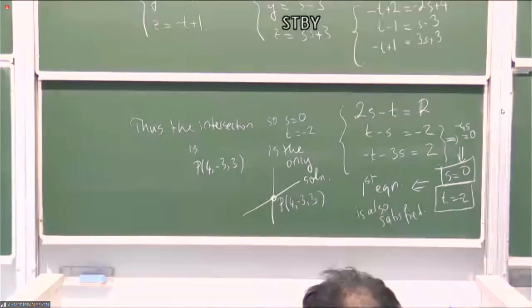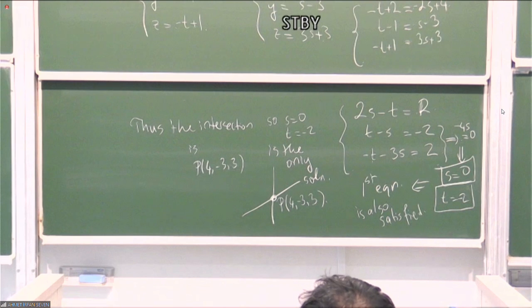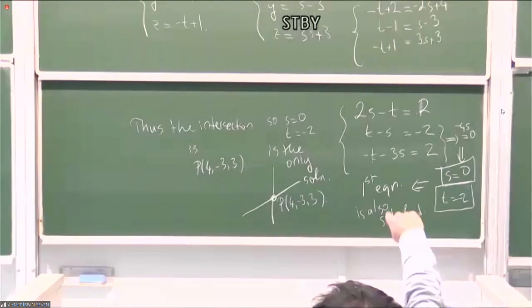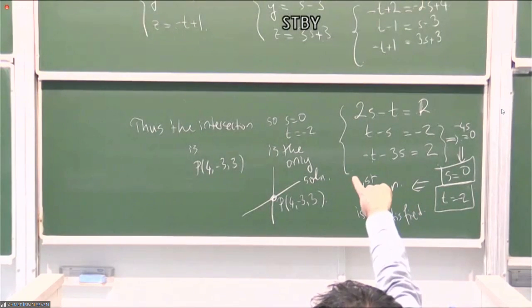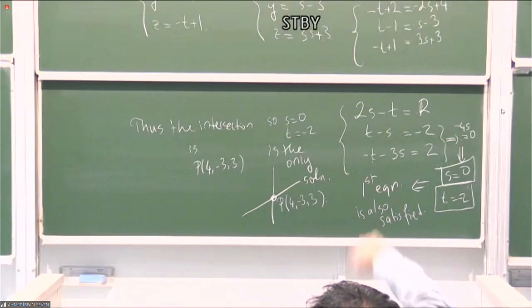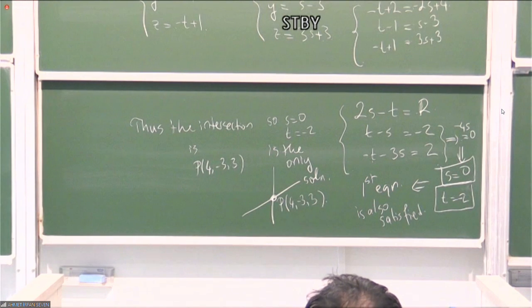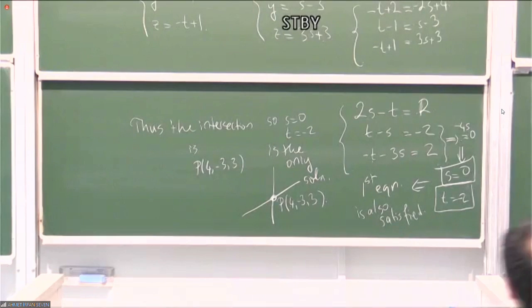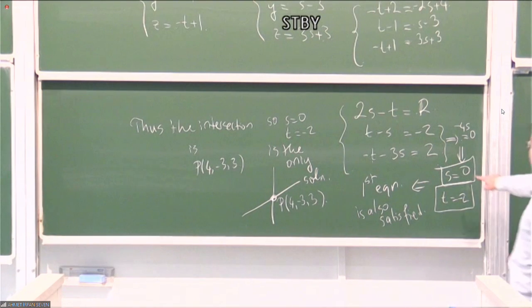Yes. Okay, so then we replace them in the equation. We put these values into the equation of the line to find the point. When s is equal to 0, or equivalently t is equal to minus 2, the intersection occurs. So I put s equals 0 in the second line. The equation of the second line is given by s. You see? Yes.